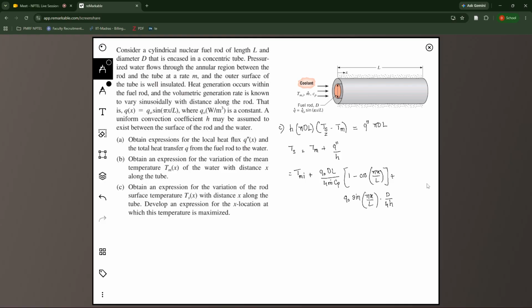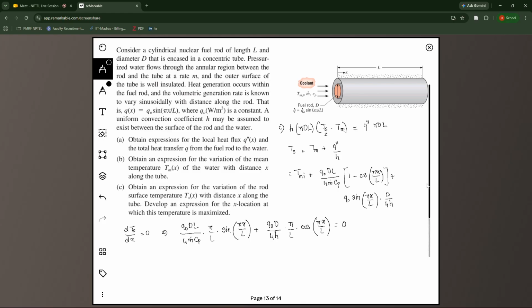In order to obtain the maximum value, you have to take the derivative of that and equate it to 0, which will give me, right? Now you can solve this expression.